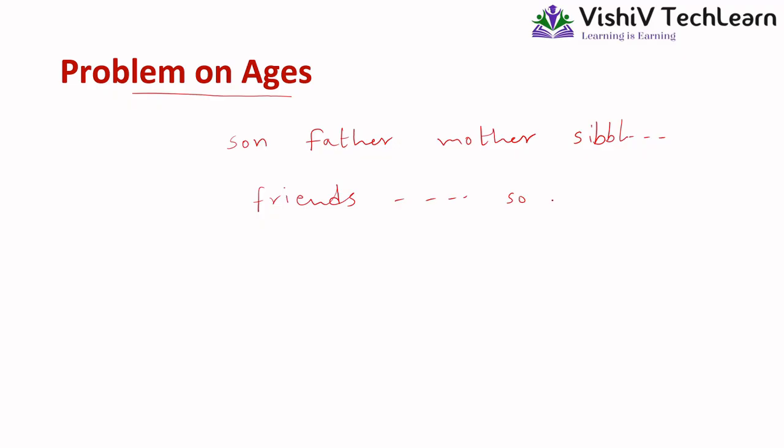When we talk about the age of a son, let's assume it is x years, and then some relation would be given for the father's age. Maybe on present age, the father's age is double the son's age. So if the son's age is x, the father's age would be 2x.